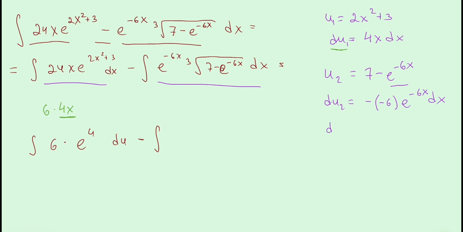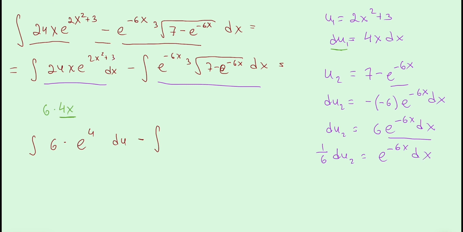So this would be equal to negative 6 e to the negative 6x dx. Now we could solve for this part, and we will get negative 1/6 du2 equal to e to the negative 6x dx.